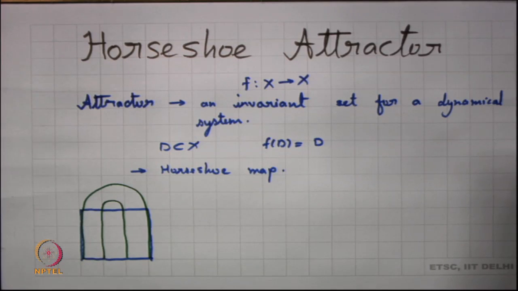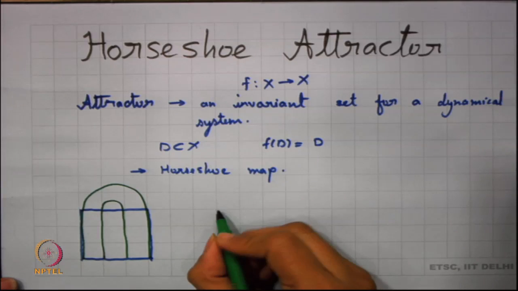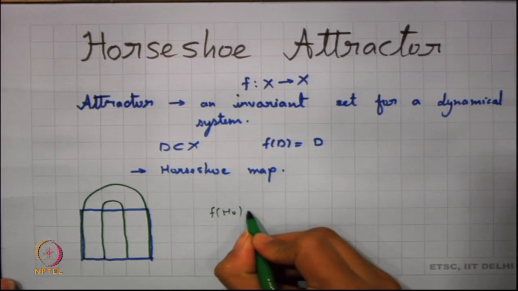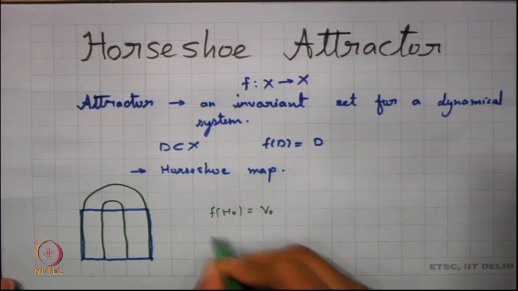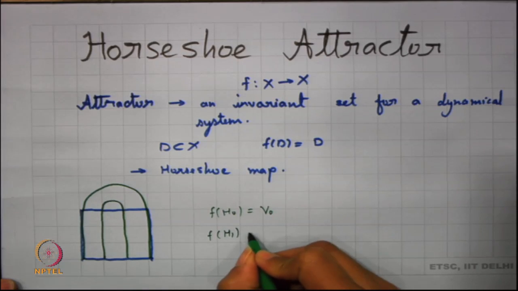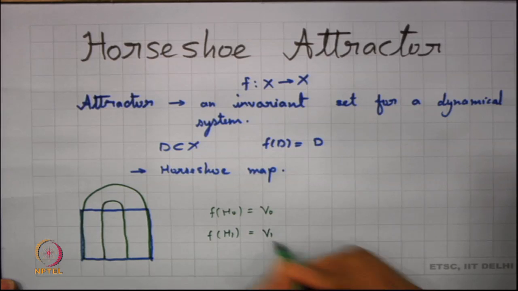And what happens in this phase is that you have horizontal rectangle H naught, which is mapped by the function f to V naught, and you have horizontal rectangle H 1, which is mapped to vertical rectangle V 1.